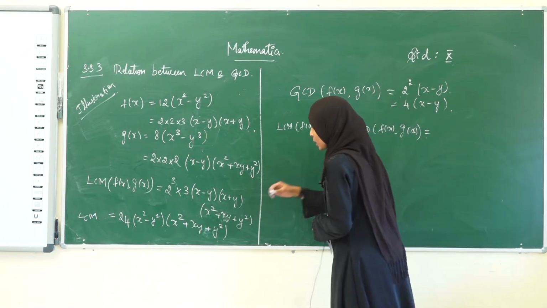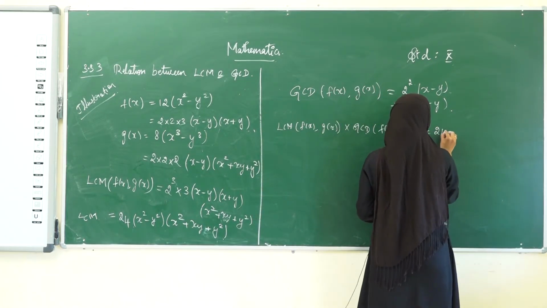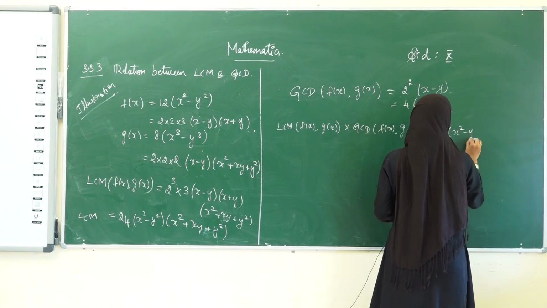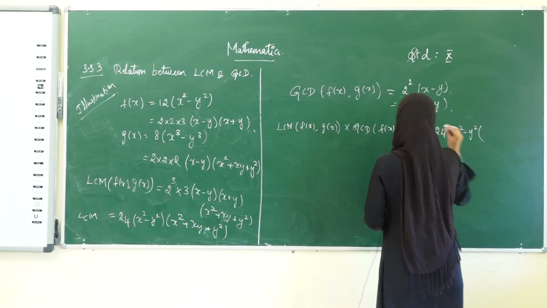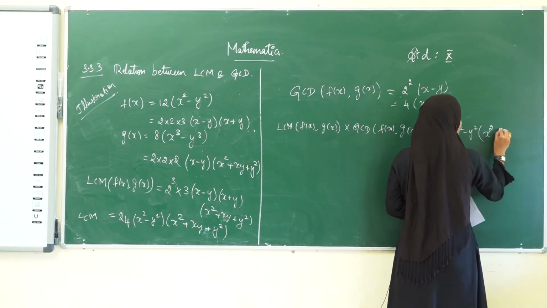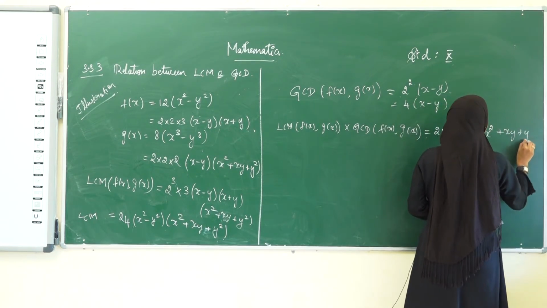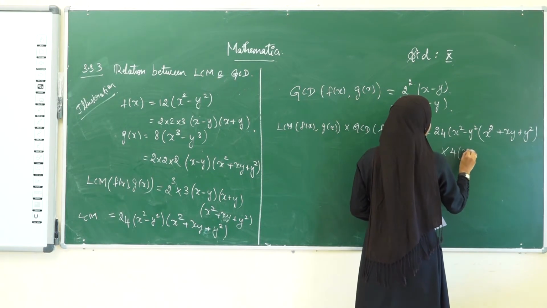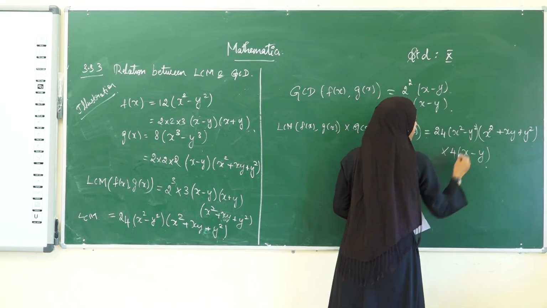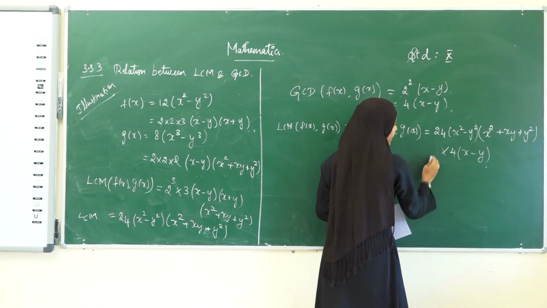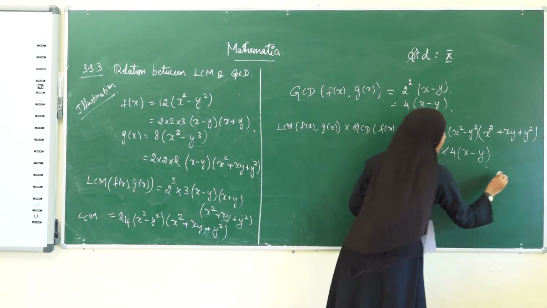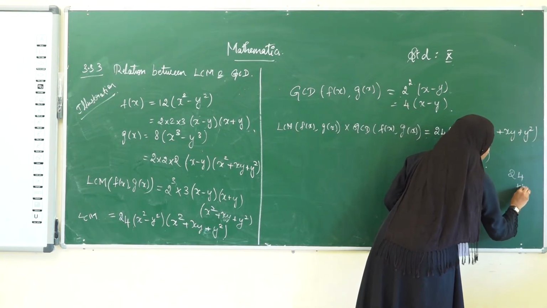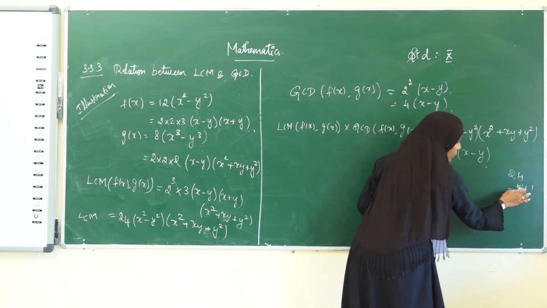See, LCM is 24 into x square minus y square into this term, that is x square plus xy plus y square, into 4 into x minus y. Here we are going to multiply the constant numbers, 24 into 4. 4 6s are 24, 4 2s are 8, balance 1, so 96.